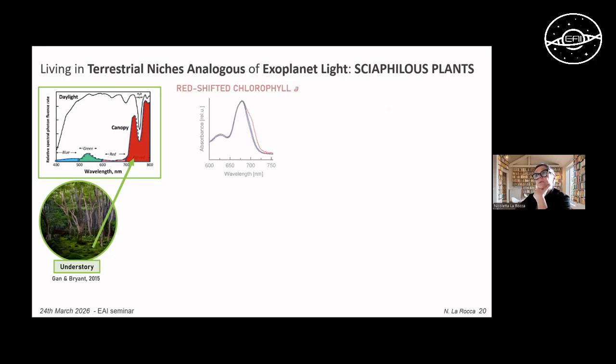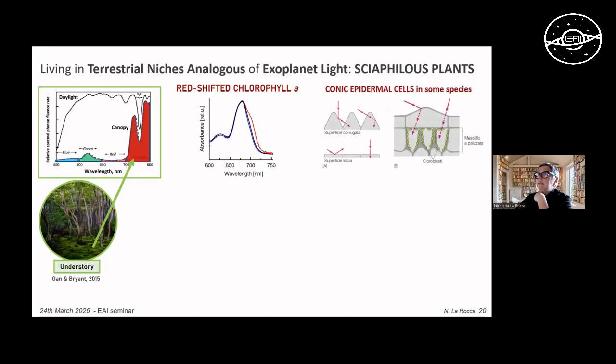In this case, we can also observe a redshifted chlorophyll a phenomenon, with the appearance not of a shoulder but of a portion of the spectrum able to absorb above 700 nanometers. And in the case of sciophyte plants, we also have many structural features that help plants photosynthesize under dim visible light and infrared light.